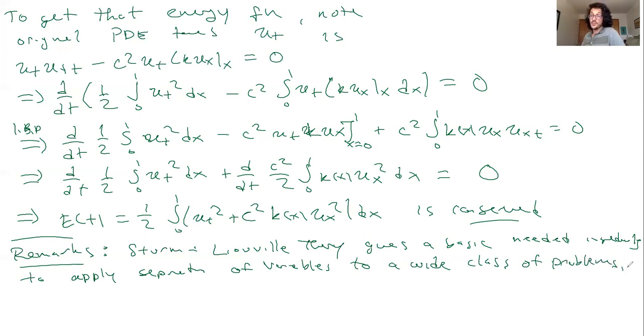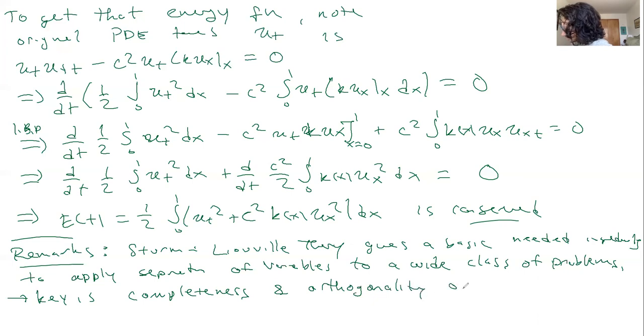Not just homogeneous problems, and as we showed before, not just constant coefficient problems. It also works on variable coefficient problems. So most of the second order PDEs that you come across from these physical laws, you can apply it to, for linear problems. And the key is really completeness of your eigenfunctions and orthogonality of your eigenfunctions.